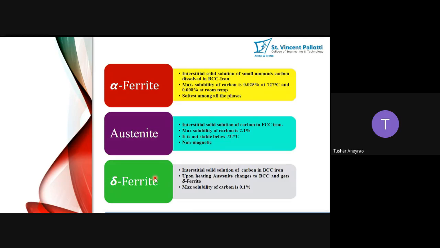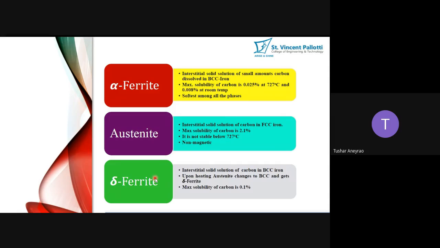Only austenite has a different structure, which is FCC. Delta ferrite is stable at higher temperature and alpha ferrite is stable at room temperature, and the intermediate phase we are getting is called austenite or gamma iron. Please don't get disturbed. Austenite is called gamma iron.